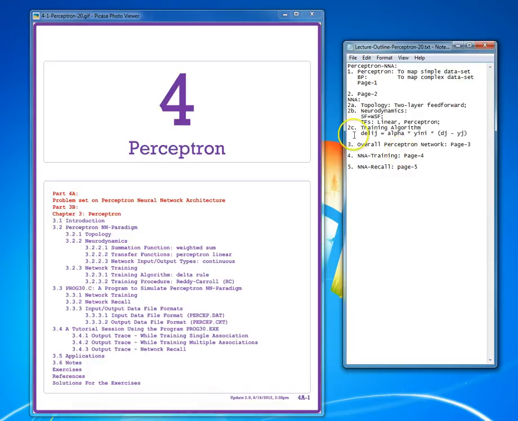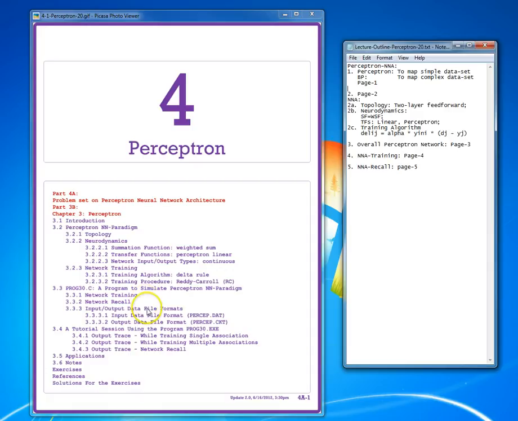If you first look into this topology, more details are indicated on this page. There are summation functions and training algorithms. The documentation on Perceptron has all the basic introduction on neural networks first, in sections 3.1 to 3.2. Section 3.3 has a specific computer program that is essentially a Perceptron neural network simulator.